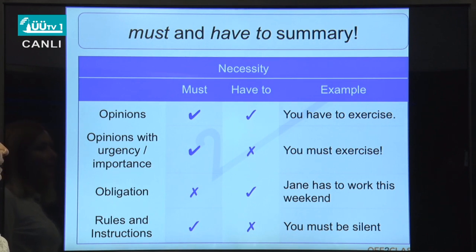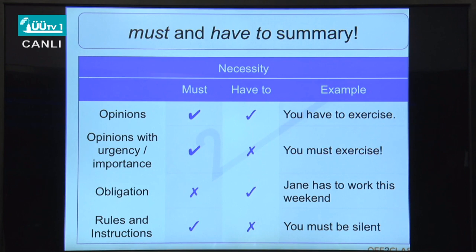What about obligation from outside? Mostly from outside. As I told you, we use obligation for both of them. But when it is from outside, from other people's rules, we use have to or has to.